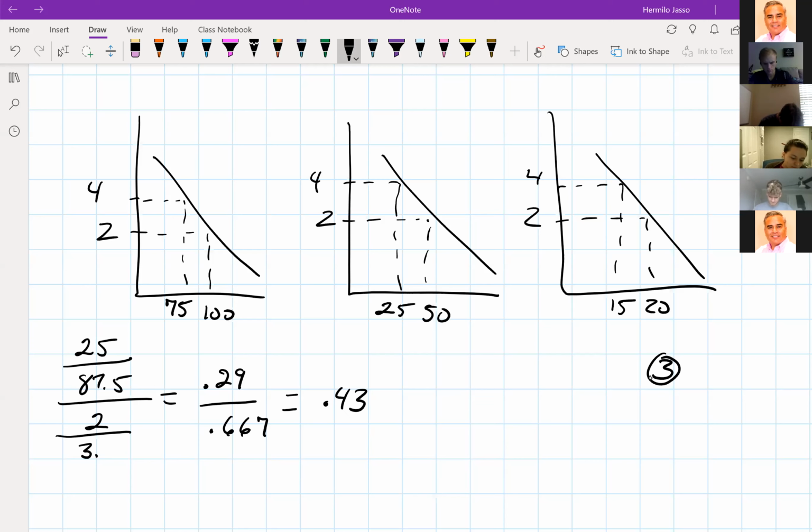What type of elasticity is this? Inelastic. People did not respond. The change was less than 1.